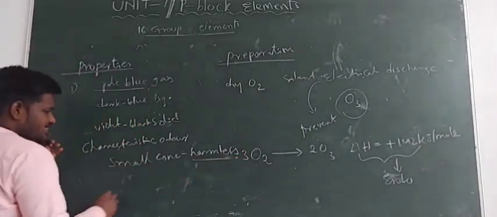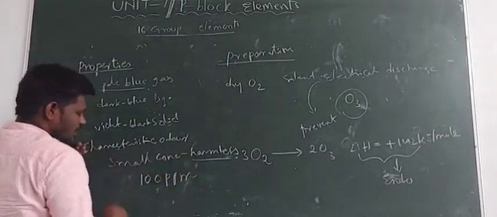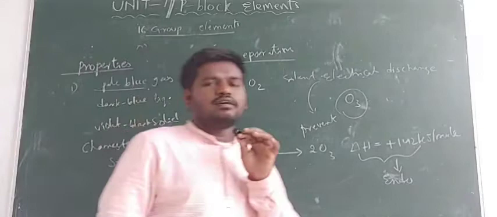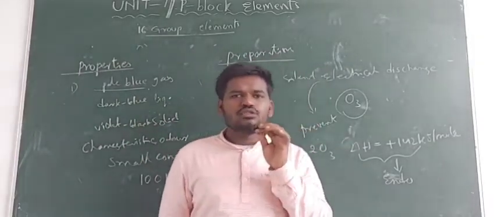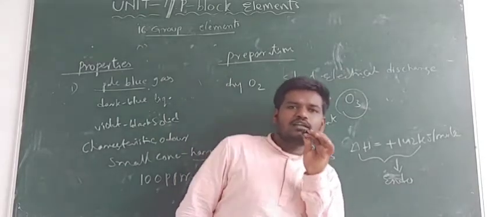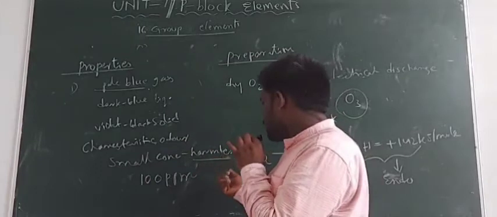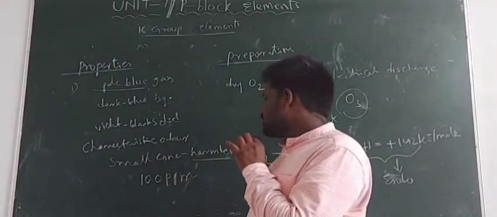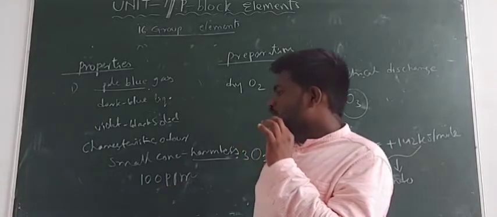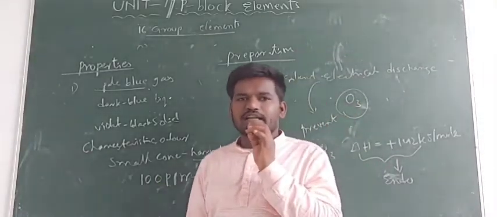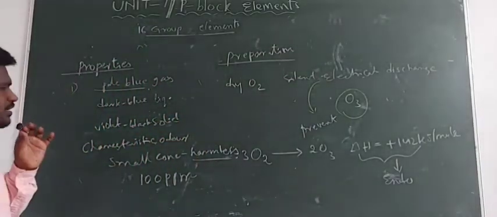When the concentration reaches 100 parts per million in the atmosphere, then breathing will be difficult, and that leads to vomiting and headache. So the small concentration of the ozone is harmless, but at 100 parts per million it leads to breathing difficulty, vomiting, and headache.